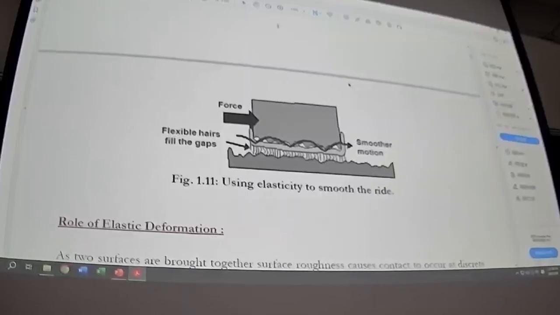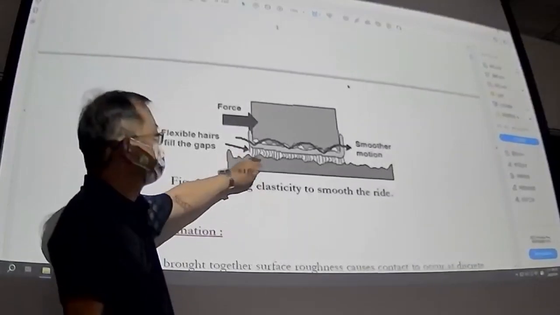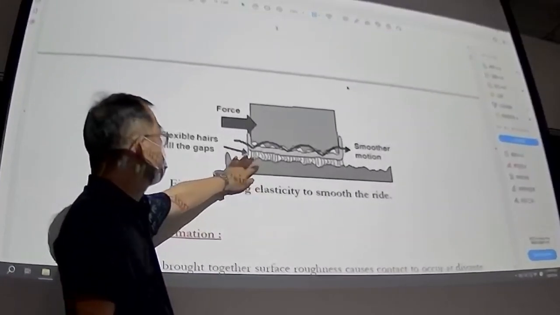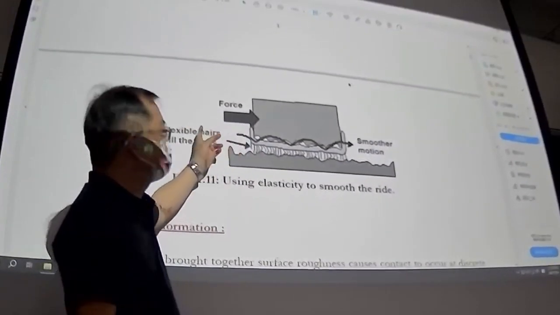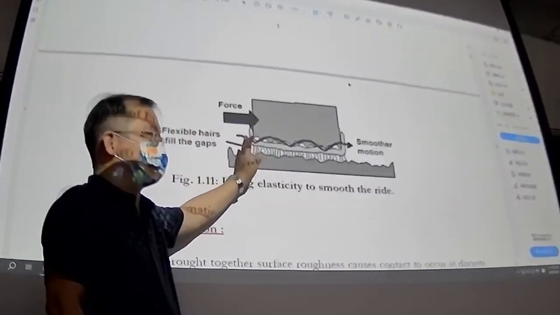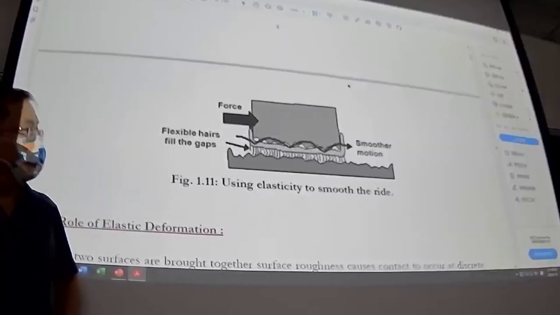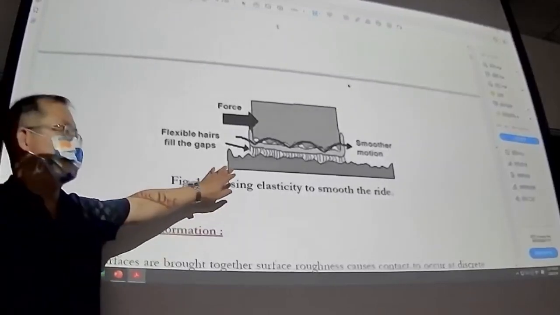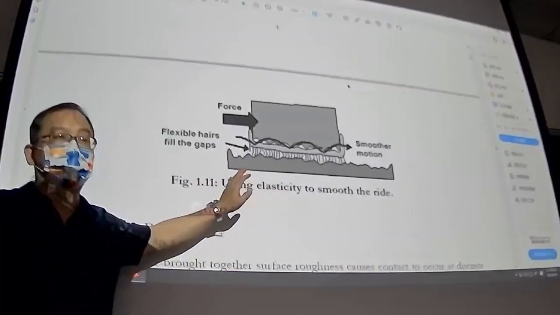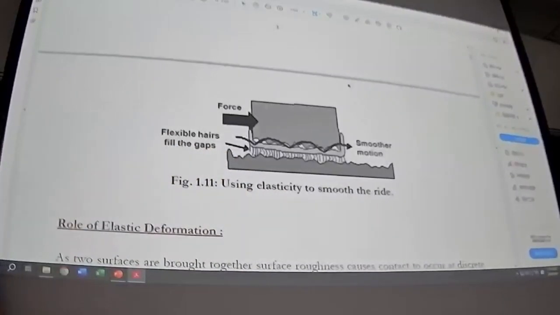And how you design the chemical attached on the top of the surface, for example, to form a flexible hair, this is another story for the additives and the chemicals of the lubricant. So we will mention it in the lubrication part of the lecture.